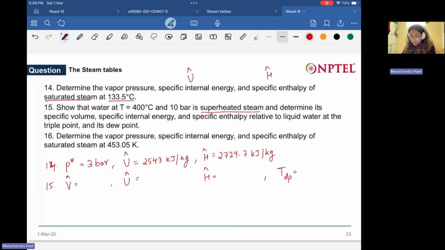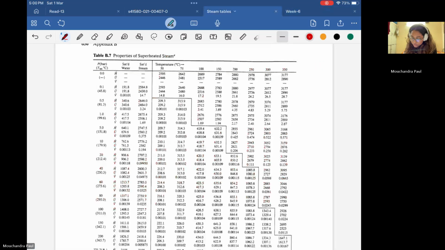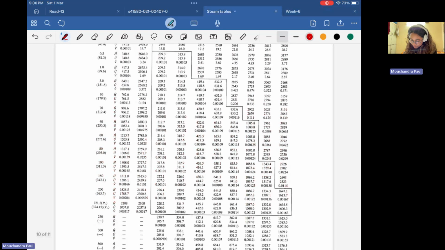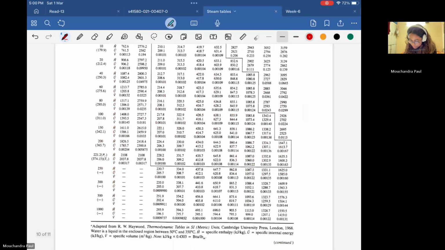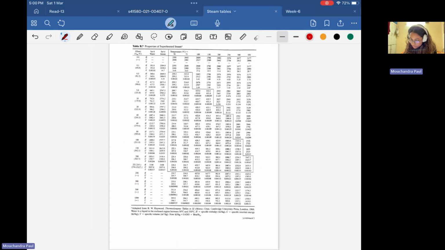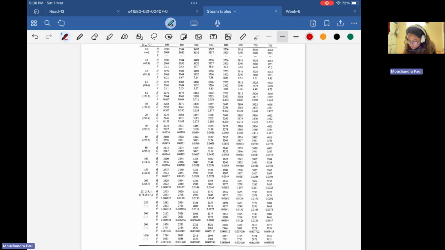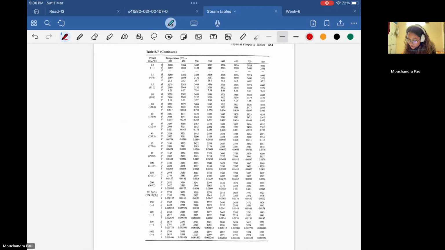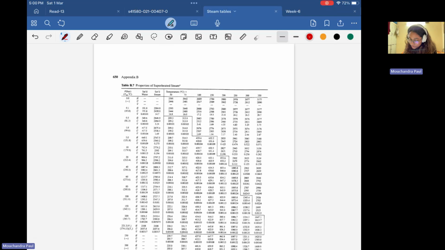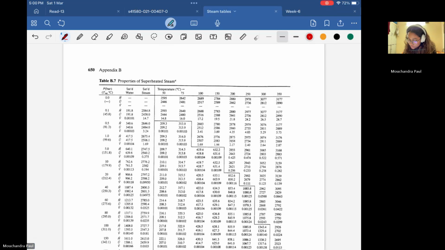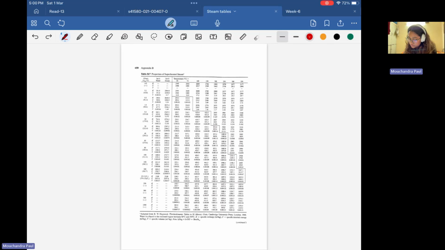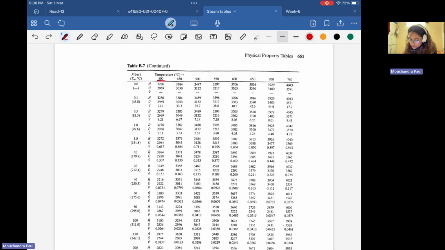Now what was the temperature and pressure? Temperature was 400 degrees Celsius. Pressure is 10 bar. So let's scroll down quickly. Okay. So in the temperature row, 400 is not there in the first page, but there you go. 400 is here and 10 bar. This is 10 bar.